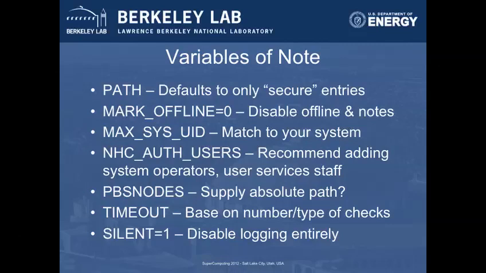So as I said, I added a lot of variables that you can customize now. I wanted to point out some of them in particular. Path, fairly obvious. We start with the secure path: bin, usr bin, sbin, usr sbin. If your Torque installation is not installed in the default prefix, you might need to change that. There's a couple ways you can do it.